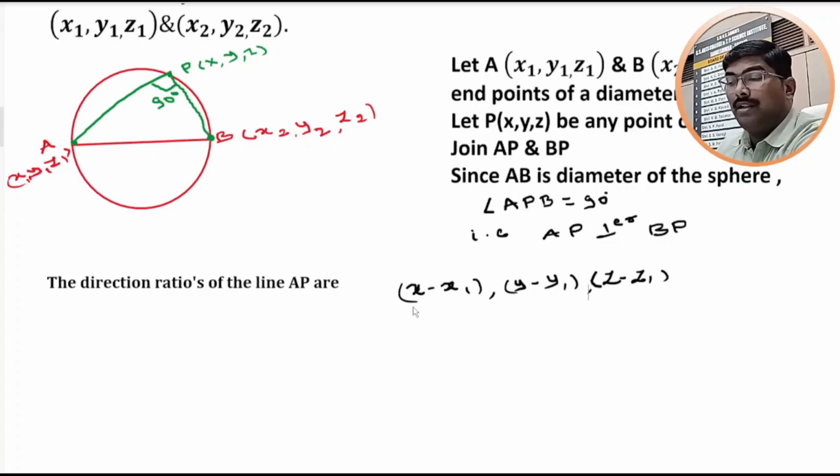That is nothing but the direction ratios are denoted by the first direction ratio A1, y minus y1 is B1 and z minus z1 is C1.